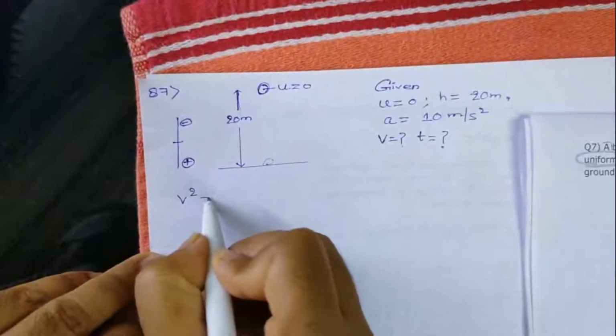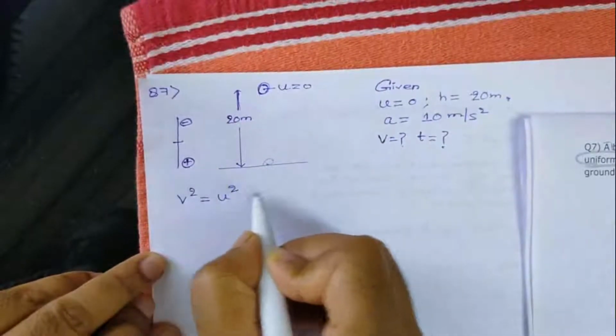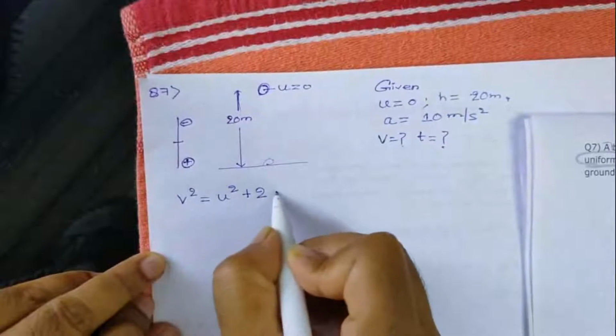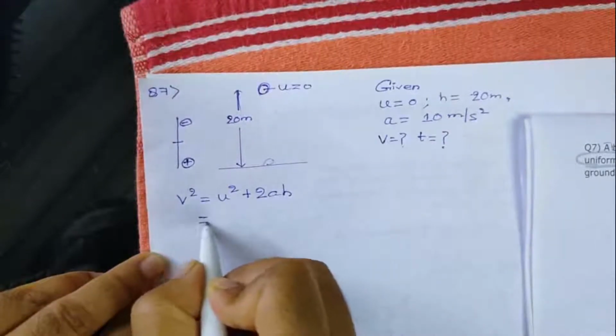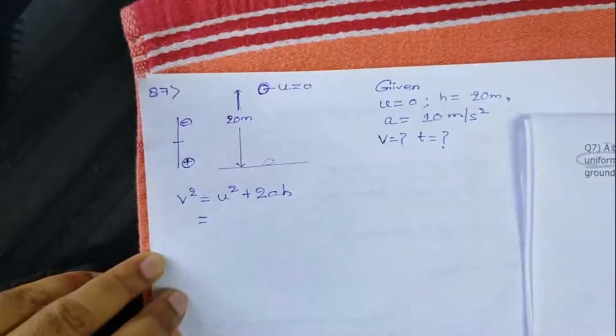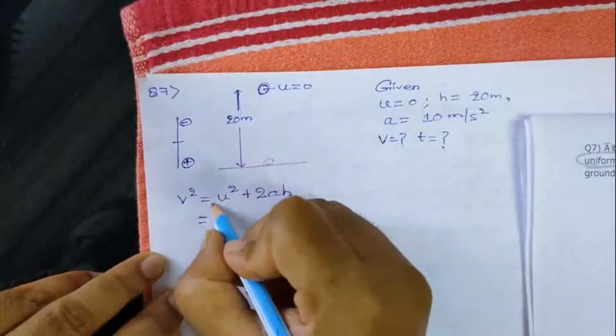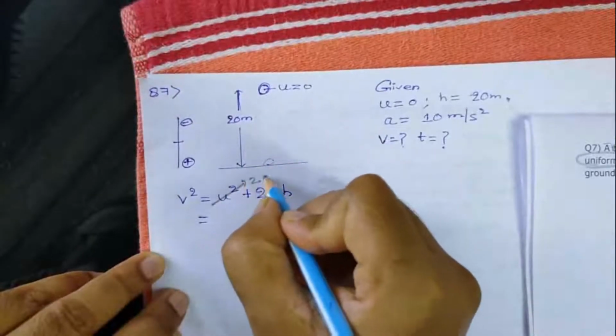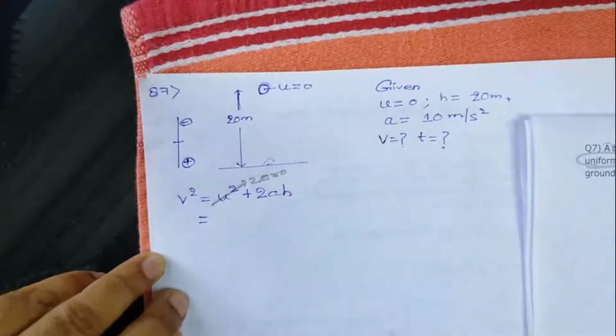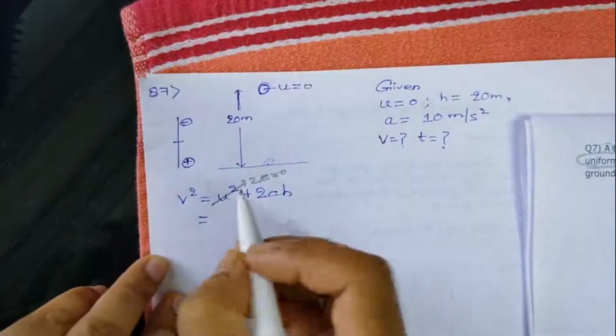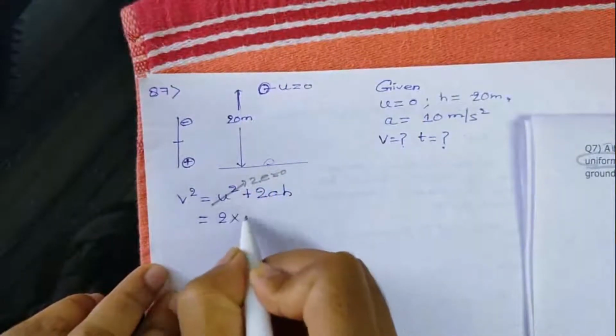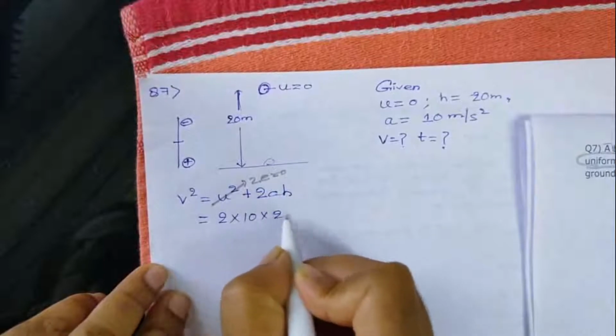So v square is equal to u square plus 2ah. Anyway, u square is going to be out, because initial velocity is 0. So it is simple, 2ah.